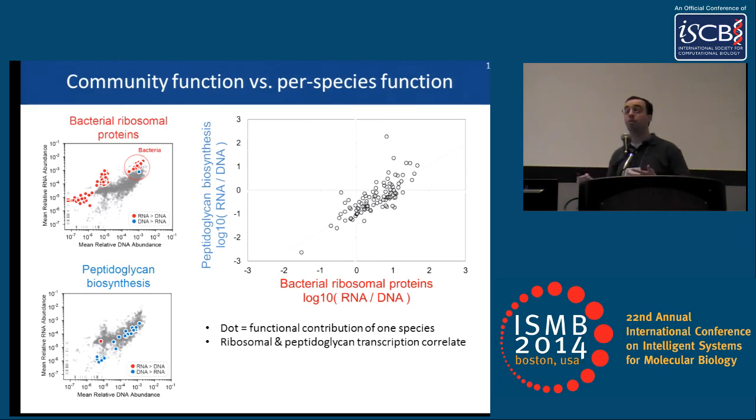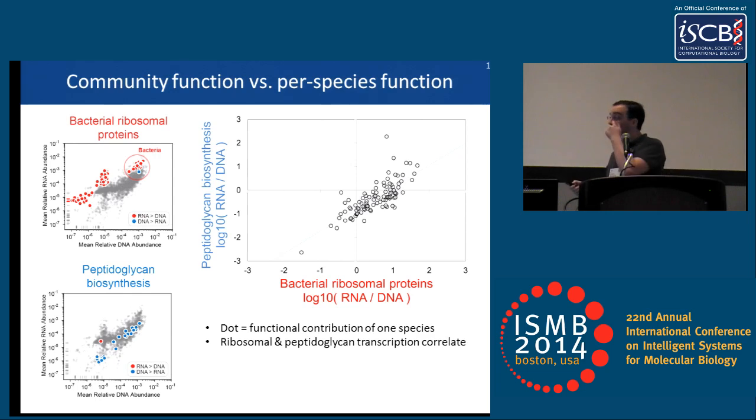And that's for this whole pathway. And then each of these dots here represents an individual species' contribution to these pathways. And so what do we see? Well, here it's very clear that the 2 functions are correlated, as we expected. As you're doing more ribosome biogenesis, you're also doing more peptidoglycan biosynthesis, which is what we expected from the biology.